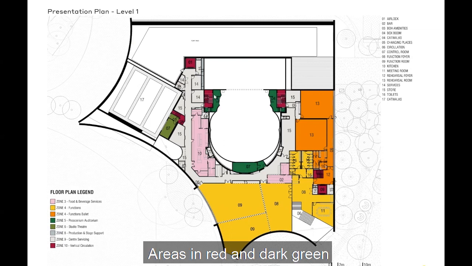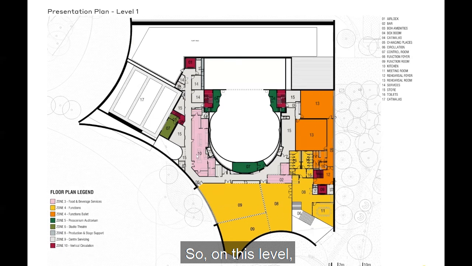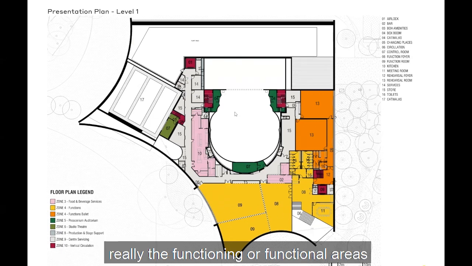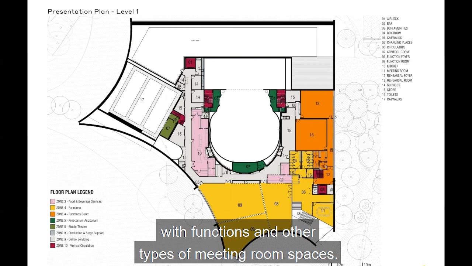Areas in red and dark green are really vertical transportation and other servicing areas associated with the proscenium theatre functions. So on this level, really, the functional areas of the building are limited to facilities associated with functions and other types of meeting room spaces.